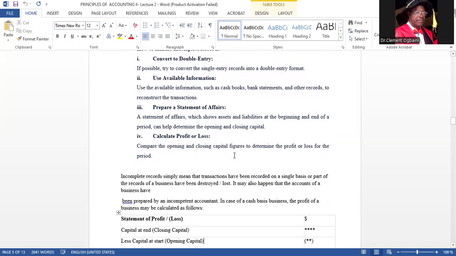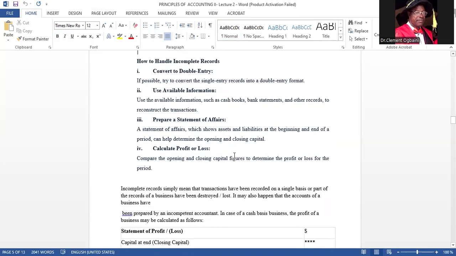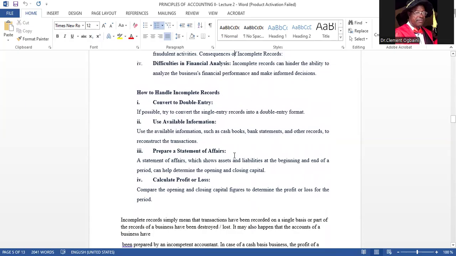But accountants have decided to come up with some ways we can improve or still try to get a true and fair view of the records. To handle incomplete records, the first thing you do is convert all the records into double entry.